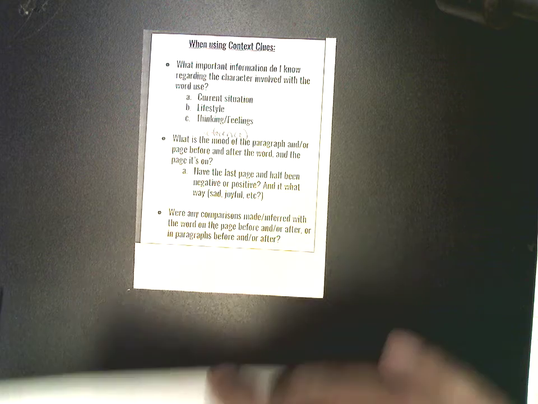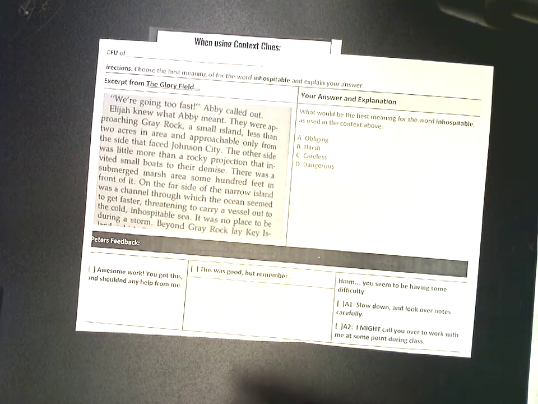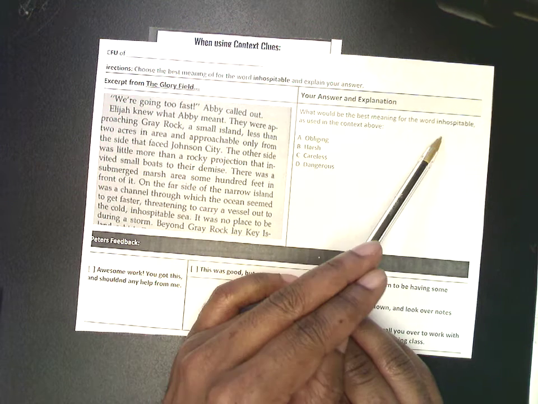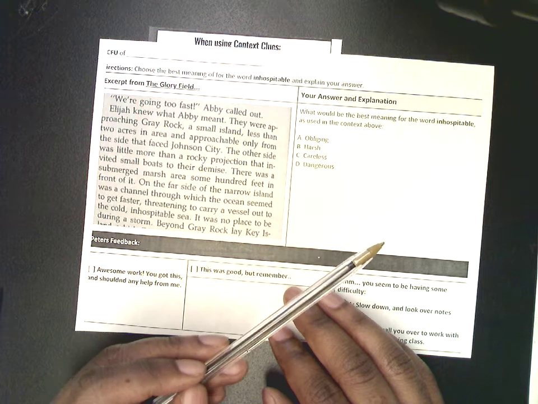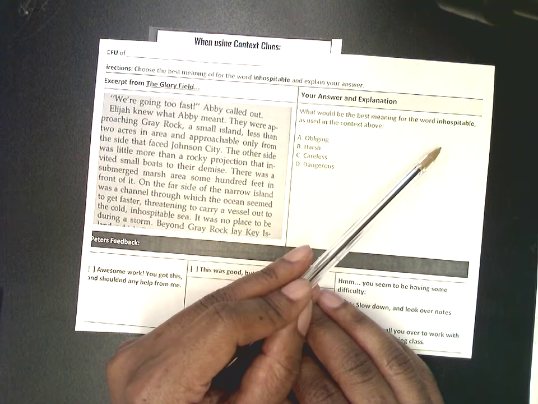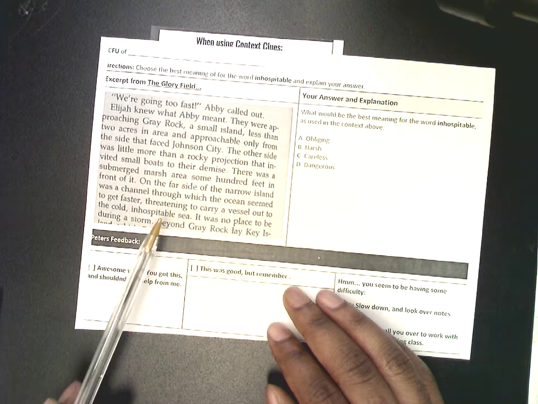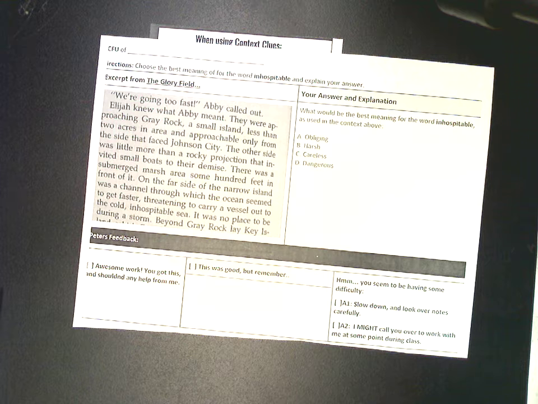So for example, in your CFU that you had today, that's kind of where that comes in. You have the word inhospitable, and there's 2 possible answers. One's a little bit stronger than the other. But you have the word inhospitable, and if I'm reading this entire thing, you notice that this paragraph so far is talking about being in a storm. The storm where there's just a lot of dangerous things happening. There's this wild water.